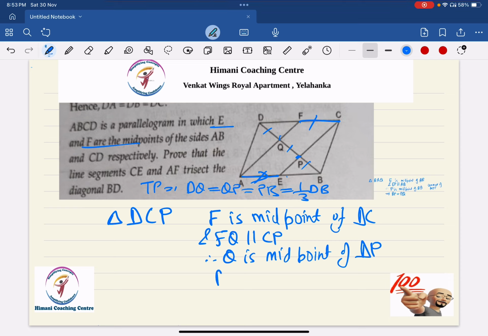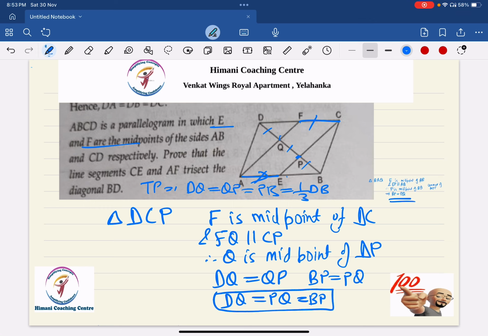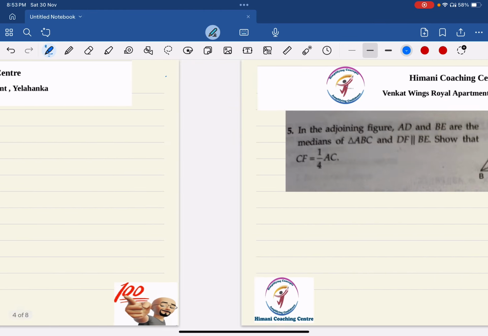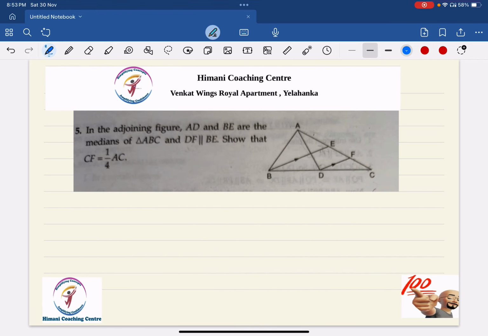What does that mean? It means DQ is equal to QP. And in the previous part, we said BP is equal to PQ. That means all these three segments are equal: DQ equals PQ, which is equal to BP, which proves that the line segments CE and AF trisect the diagonal BD.